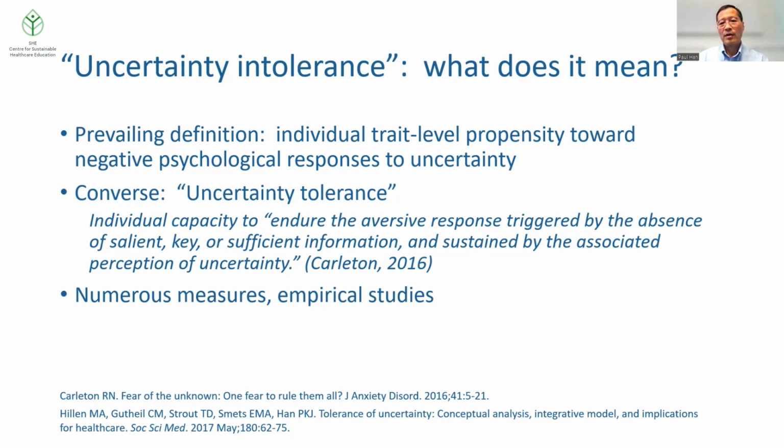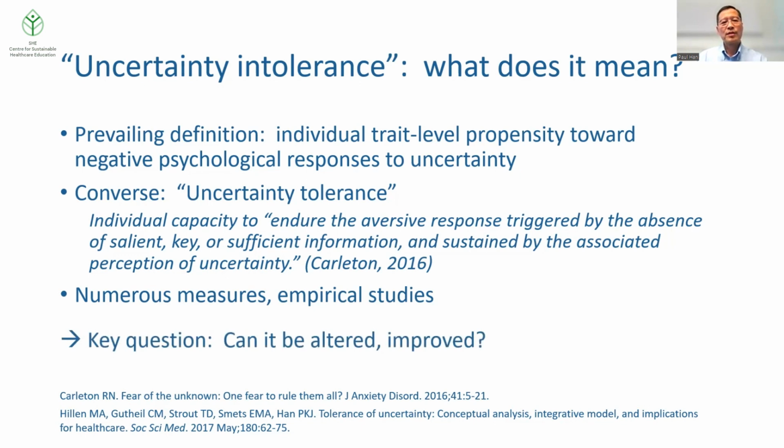My colleagues and I did a systematic review of this literature several years ago. There are about 23 or so measures of uncertainty intolerance, or tolerance, which is the flip side of this. But essentially, they all share this quality of conceptualizing this as negative responses to uncertainty.